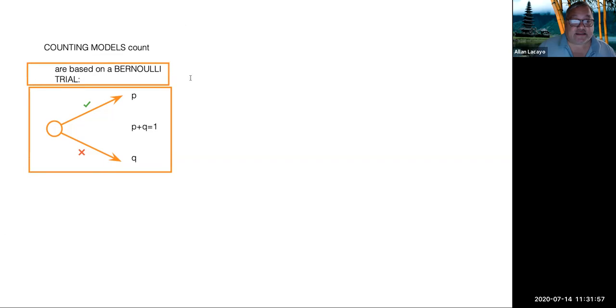What X does, then, X could be a count of the number of times you fail until the first success. That's called a geometric count: a count of trials until your first success. So that's going to be one of the models we study, the geometric model.